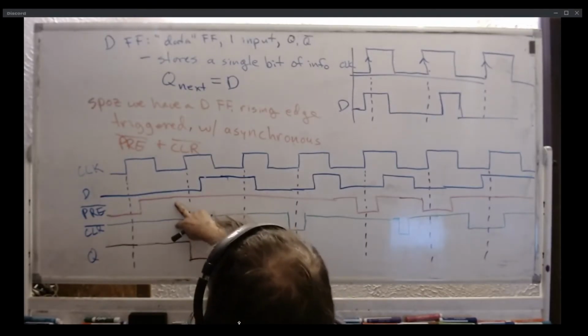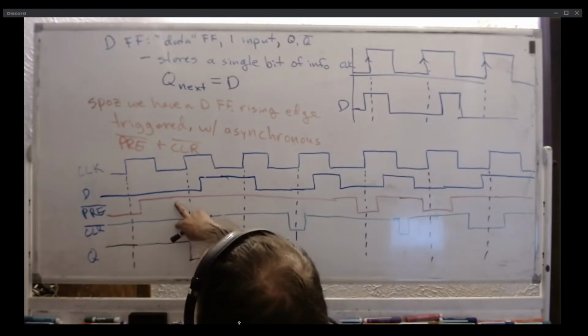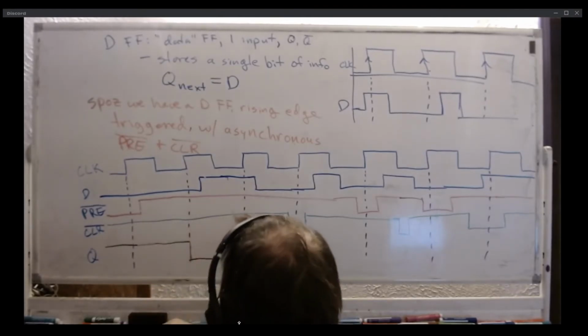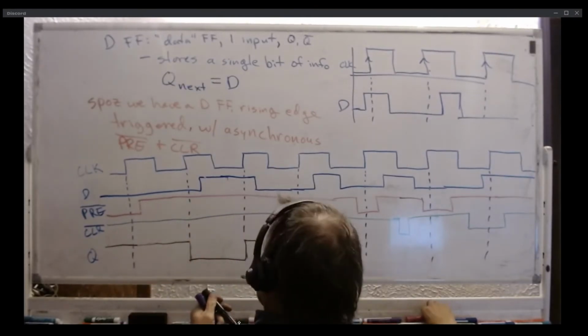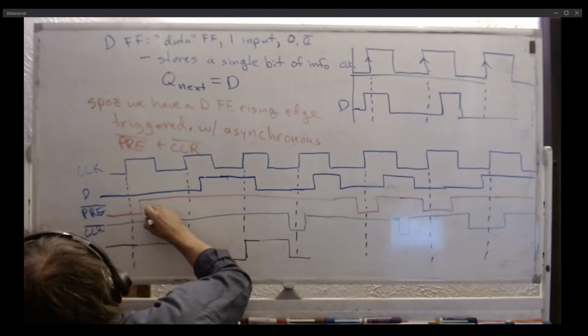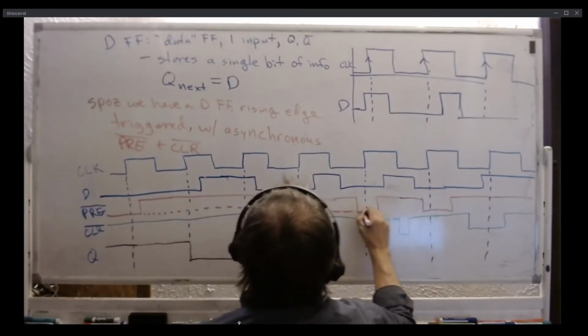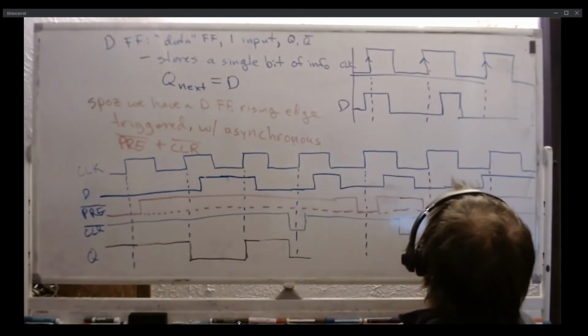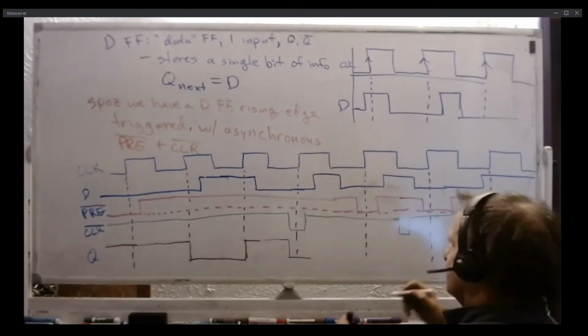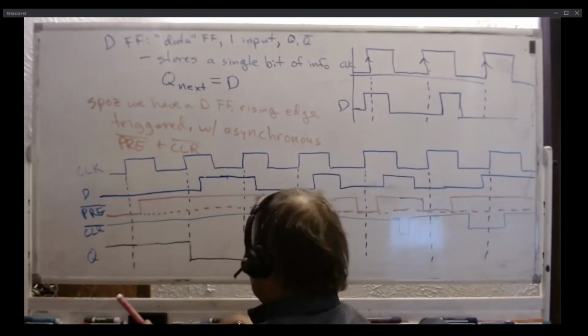If either one's high, that particular input is inactive. Here, does it help if I draw the zero level, so you can see where it's high and where it's low? I was confused because with the bar over preset and clear, that means they're active when they're low. Yes, ma'am.